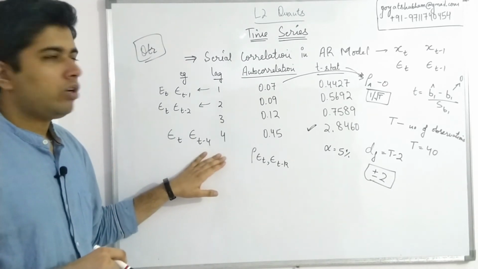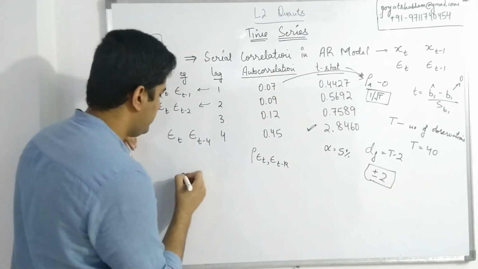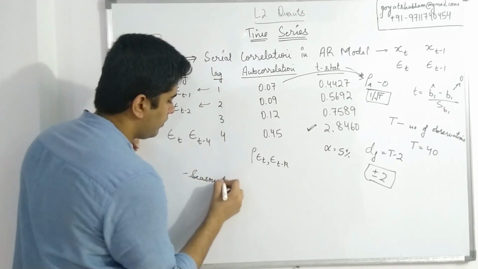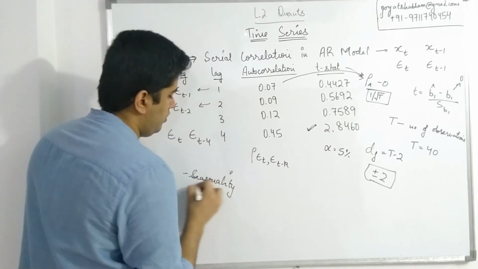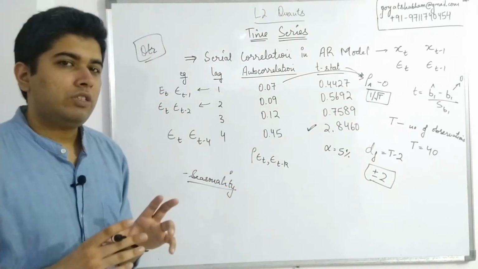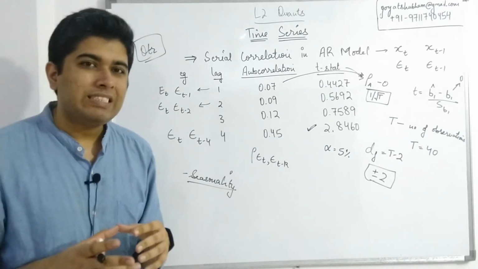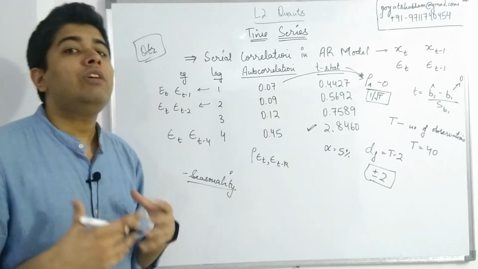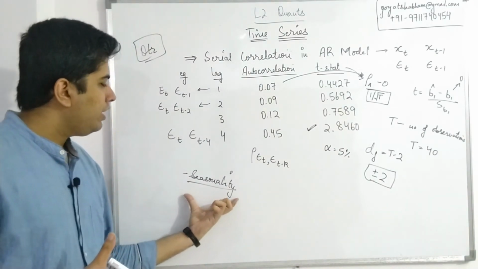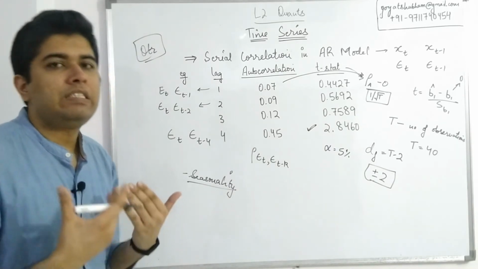In case of an AR model, the existence of serial correlation implies something known as seasonality. So serial correlation in an AR model is not something that makes our regression outright unreliable. Rather, it gives us an opportunity to improve on our AR model. Whenever we have any sort of serial correlation present in an AR model, it indicates seasonality.